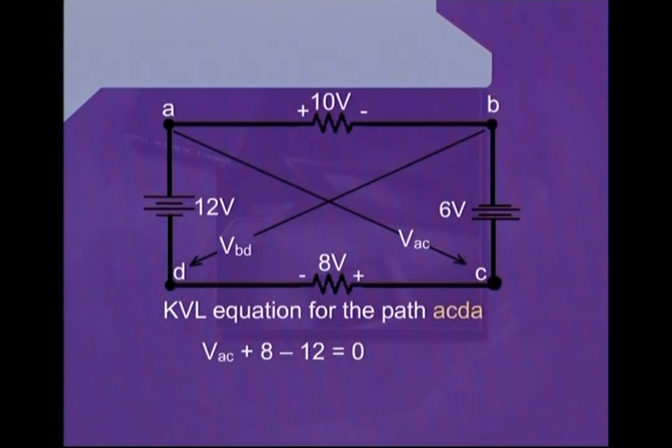Therefore, we will write minus and the value of this voltage source, which is 12, and equate all this to 0. Simplifying this expression, we have VAC is equal to 4 volts.